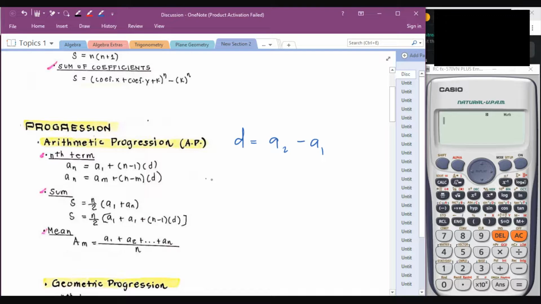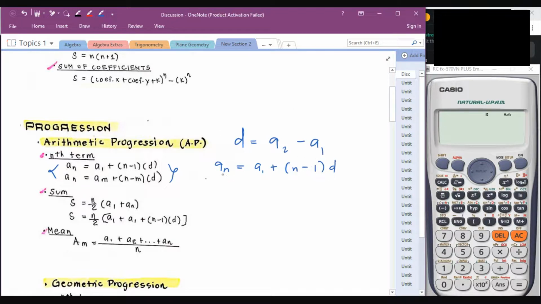In order for us to find the term that we are looking for, we have these two common formulas. In order for you to find the nth term, you have this formula: you get the first term of the progression, plus n, where n is the order of the term that you are getting, minus 1, multiplied by the common difference d.